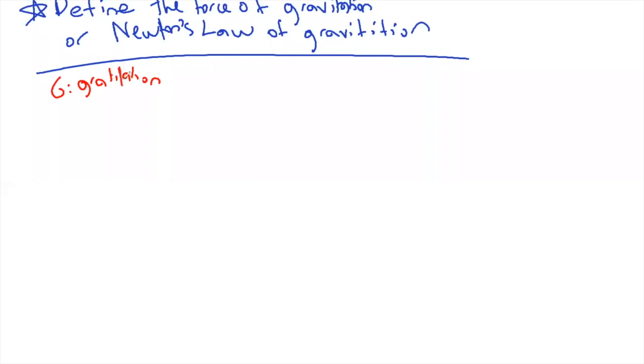Now, before we actually write the definition, just like we did for 1 radian, I have to explain the concept. Now, I know that this is my gravitation constant, and I know that these are point masses.